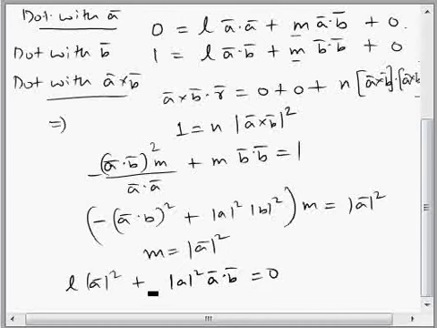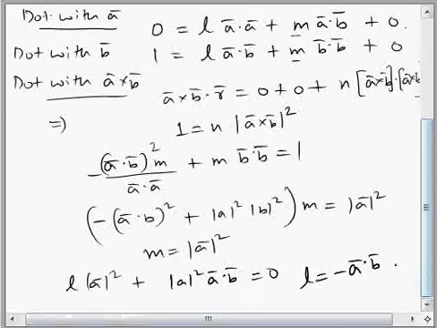So the value of L is, taking out mod a square, which cancels out, minus a dot b. So I made this mistake here.